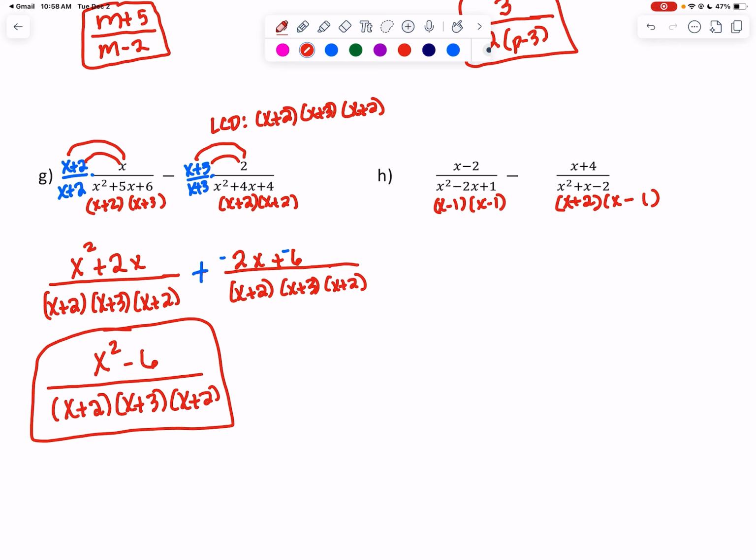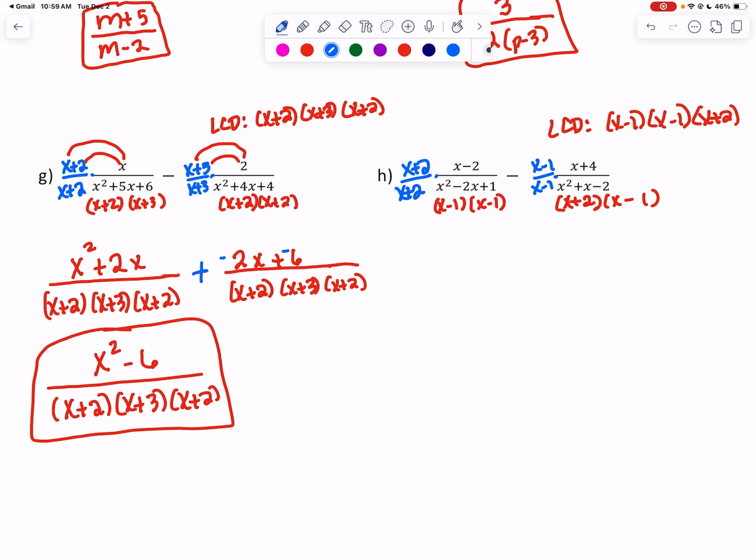All right, so my LCD, I need an x minus 1, an x minus 1, and an x plus 2. So on my first fraction, I have the x minus 1, but I'm missing the x plus 2. On my second fraction, I have x plus 2, and I have one of the x minus 1, so I need another x minus 1.